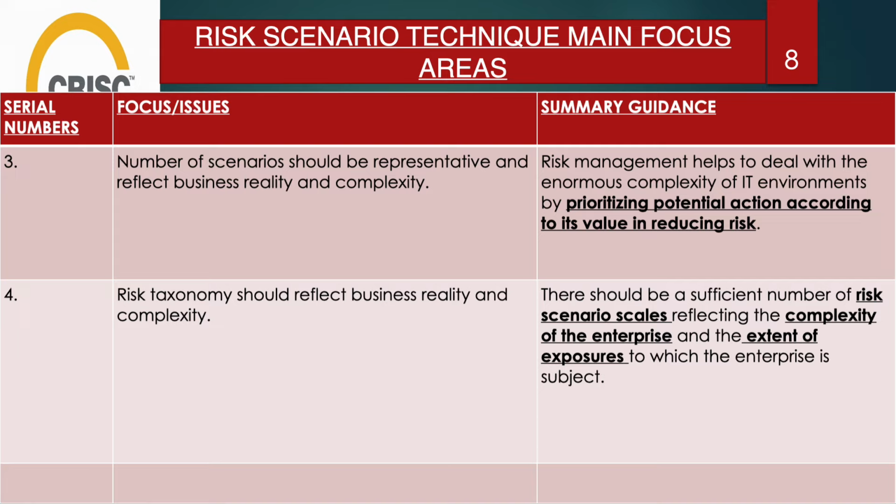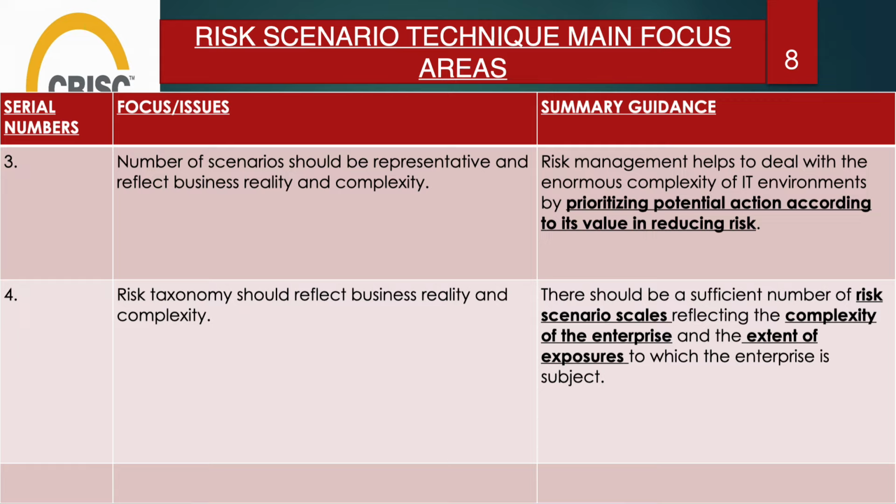Next in the line is number 4, that is the risk taxonomy should reflect business reality and complexity. It summarizes that there should be a sufficient number of risk scenario scales reflecting the complexity of the enterprise and the extent of exposure to which the enterprise is subject.